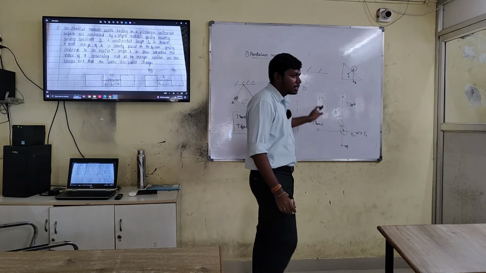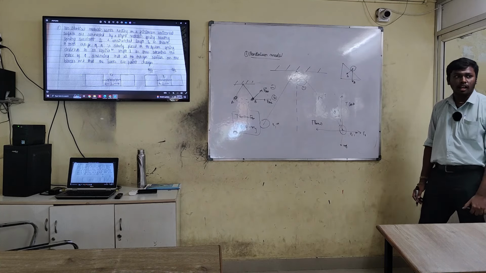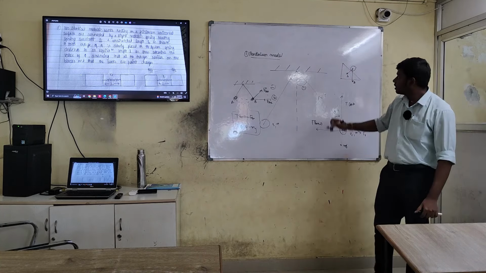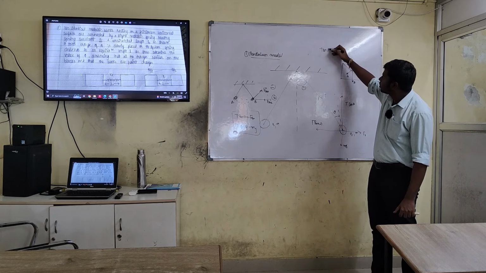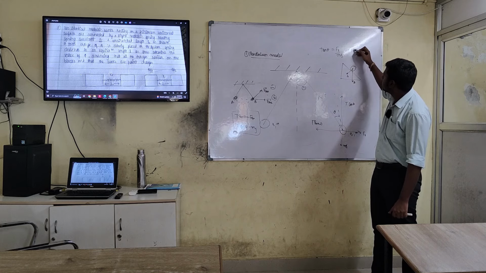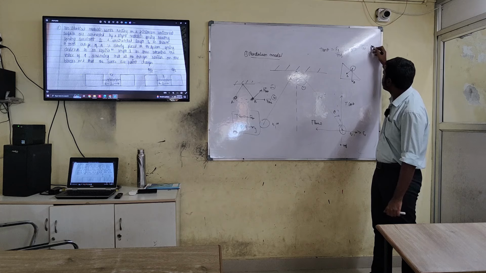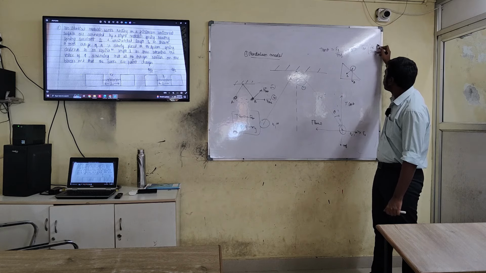So first question, what is the angle theta? Tan theta is equal to Fe by mg. So theta is equal to tan inverse of Fe by mg. What is Fe?